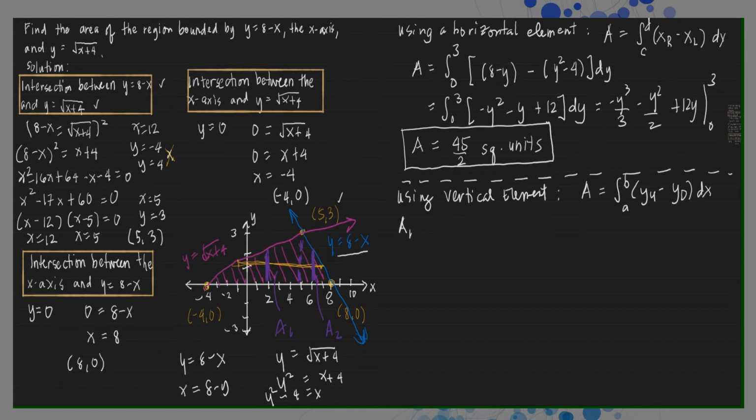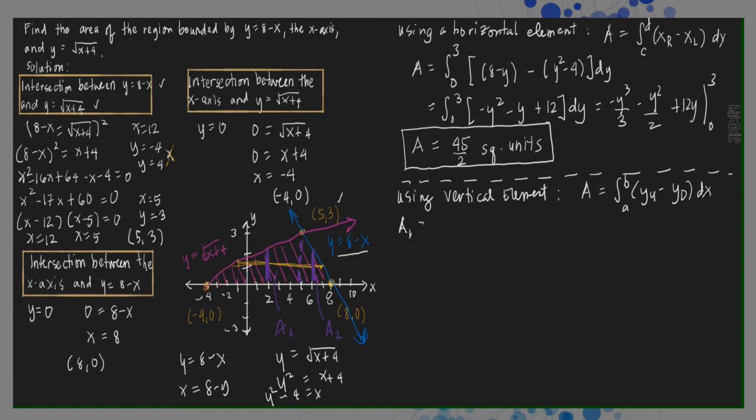Again, the reason why we're dividing our region into parts is because y up is not consistent throughout the region from left to right. So we need to set up two equations where y up is y equals square root of x plus 4 on one sub-region, and then y equals 8 minus x on the other sub-region.